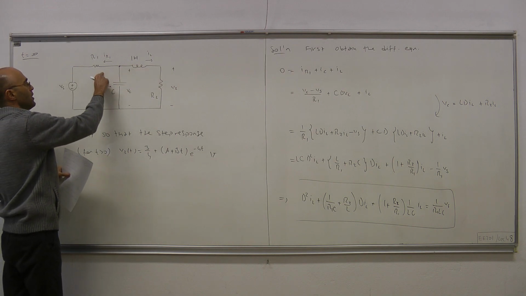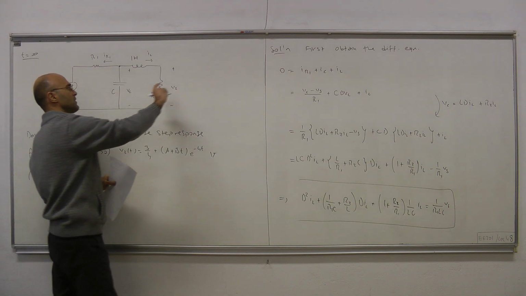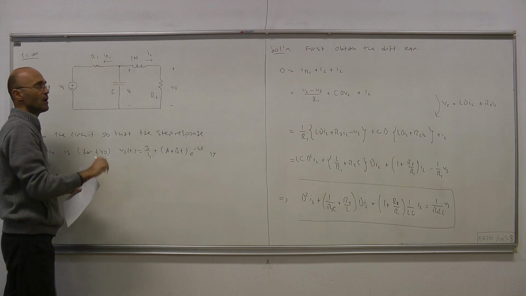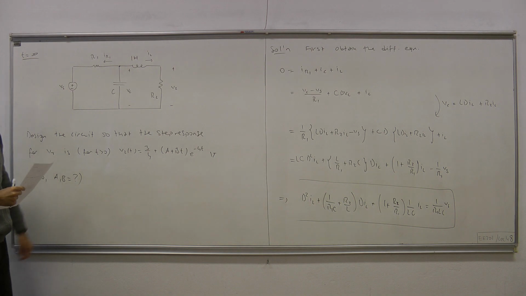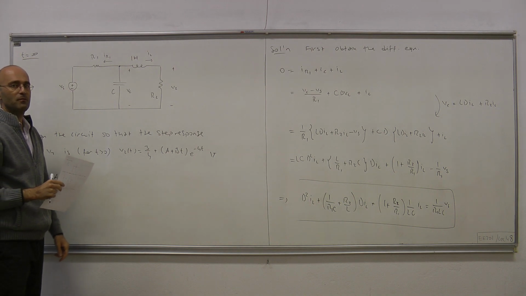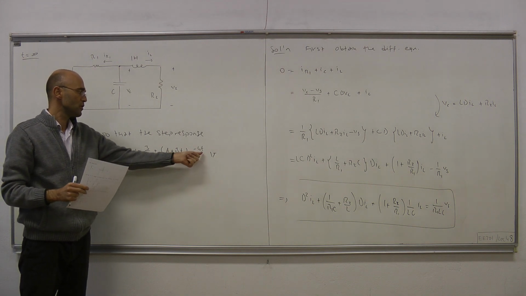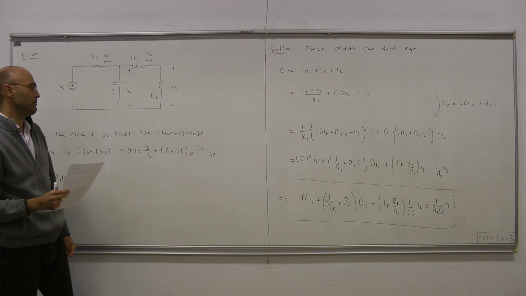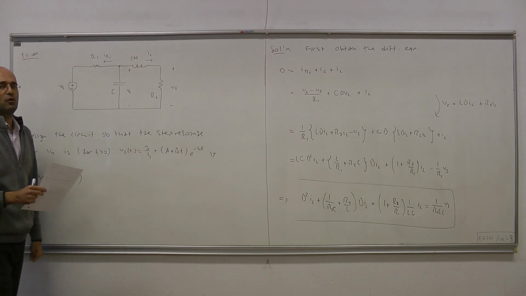So what we have is R1 and R2 become in series, and then there will be a voltage division of this voltage between R1 and R2, and some portion of voltage will appear at the terminals of R2. And that portion must be 3 over 4, because as time goes to infinity, this term disappears regardless of what a and b might be, and V2 at infinity equals 3 over 4.